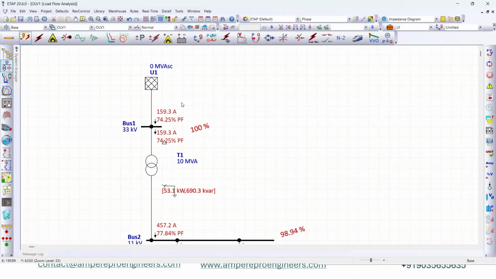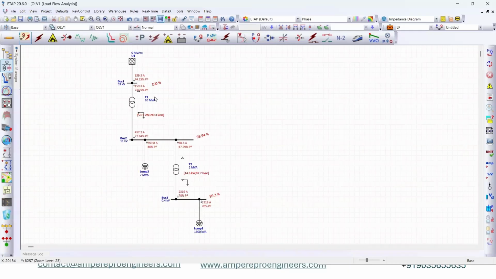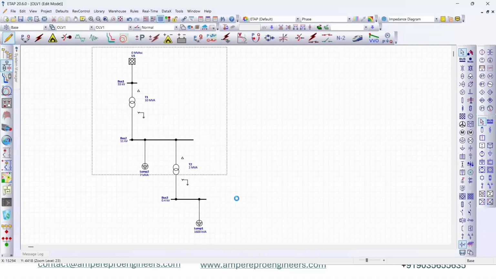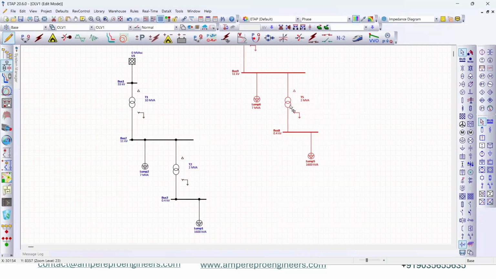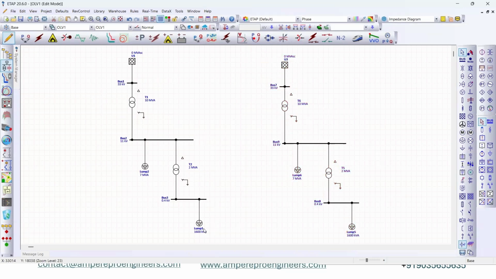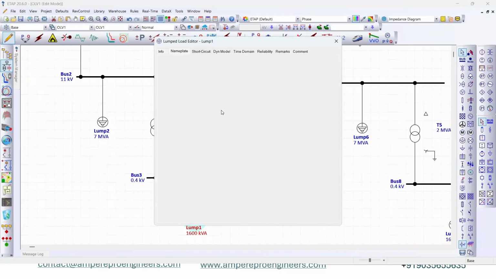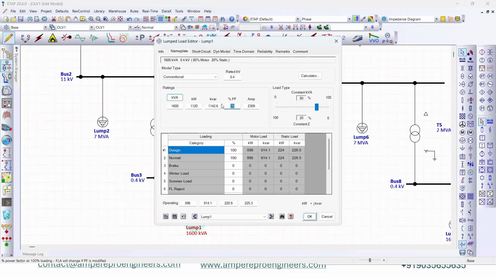So let's try to see that. To make a difference, here what we have done is 70%.